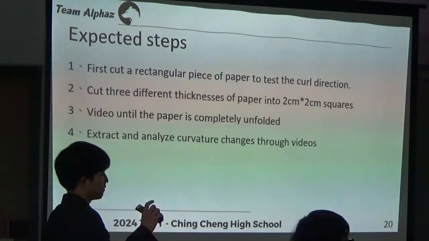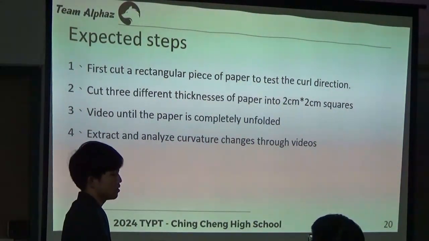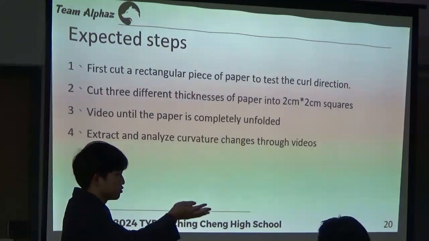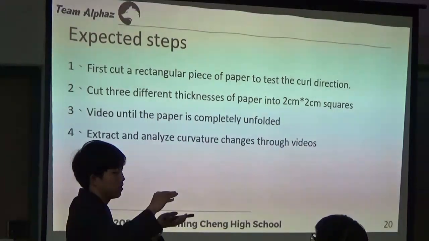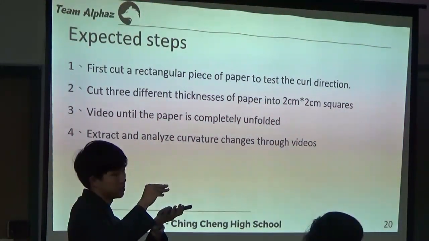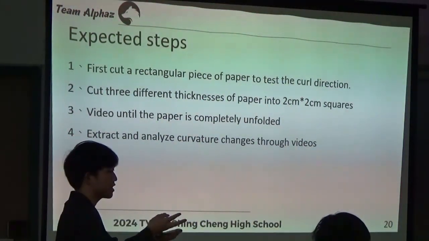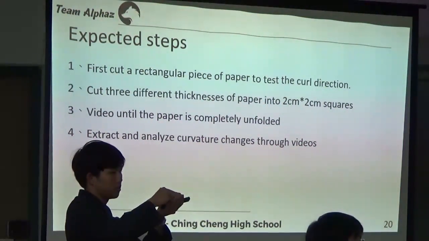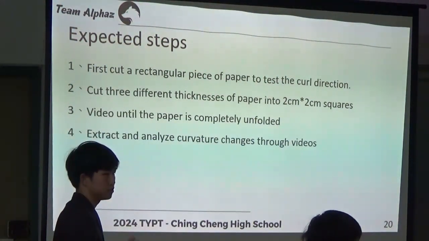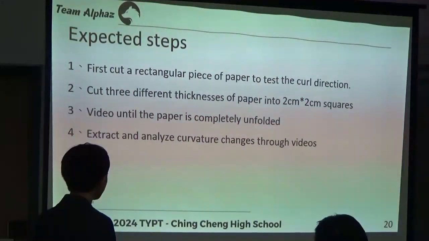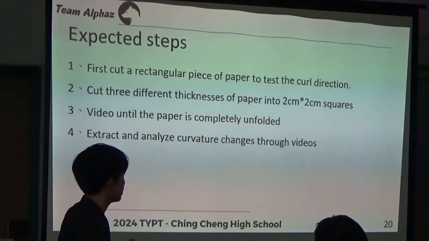We will take a video until the paper is completely unfolded, and take a video of its complete curl, but not the action before the complete curl, because the tracking paper will be flat after it absorbs too much water. The first step is to extract and analyze the curvature change through the video.